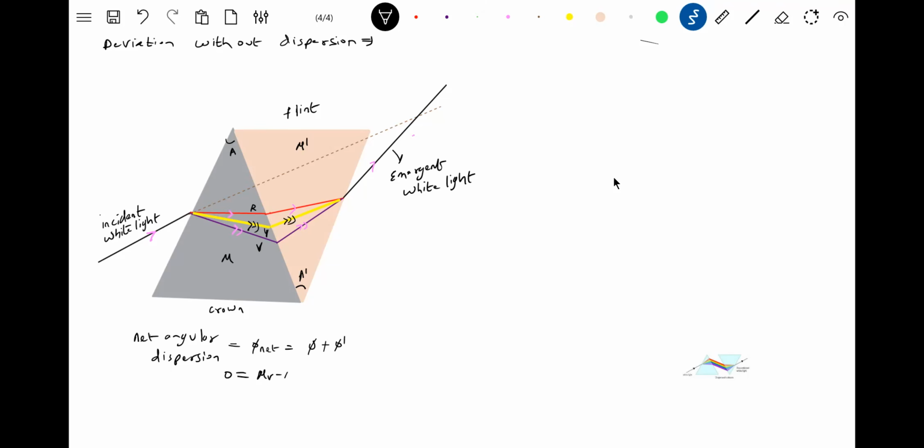This should be mu v minus mu r into A. So therefore, this A dash is equal to minus of mu v minus mu r A bar. Some formula I obtained here.